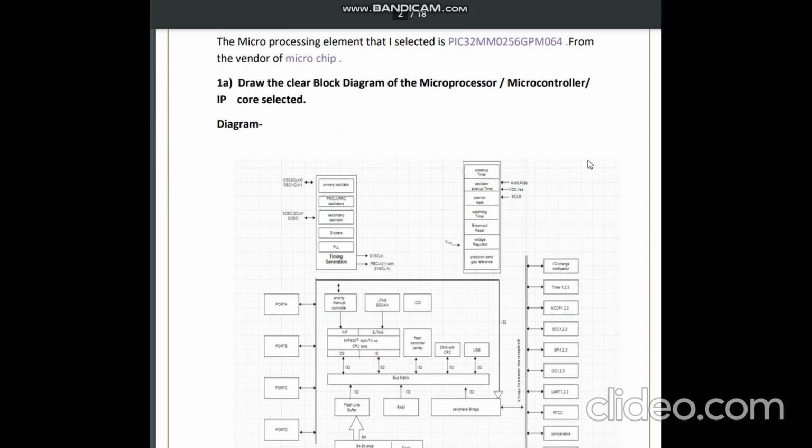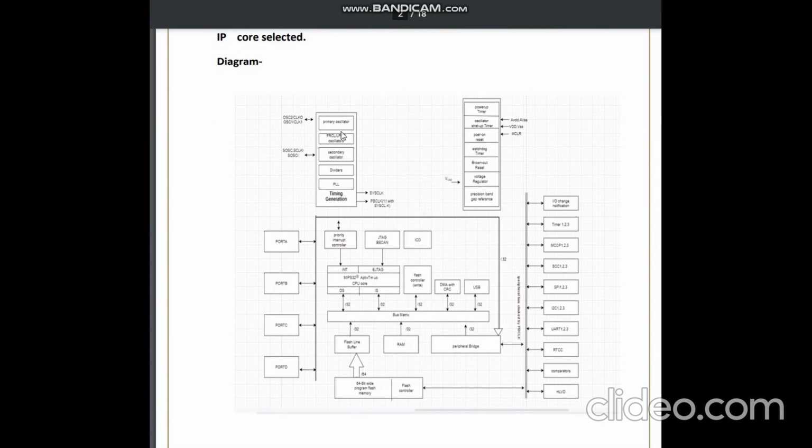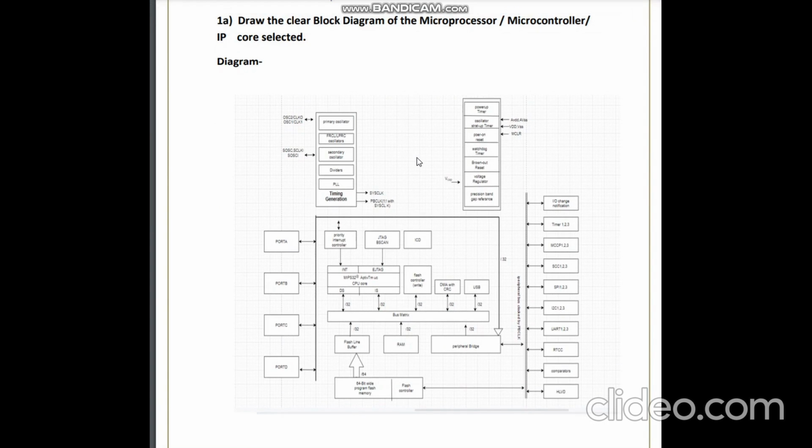For the first question, it was asked to draw a clear block diagram of the microprocessor or controller IP core selected. So this is the diagram I drew using draw.io. This is the timing generation block diagram. This is the precision band gap reference.